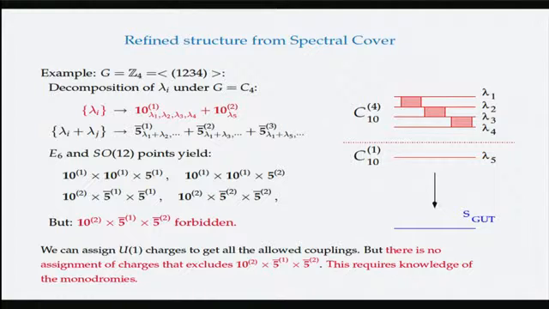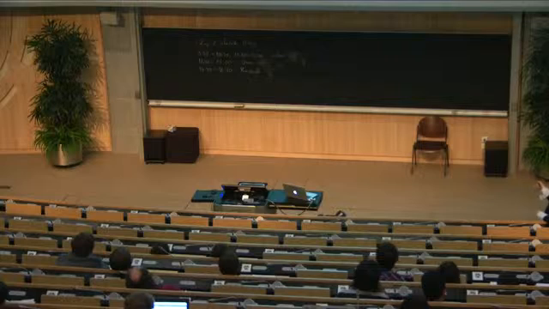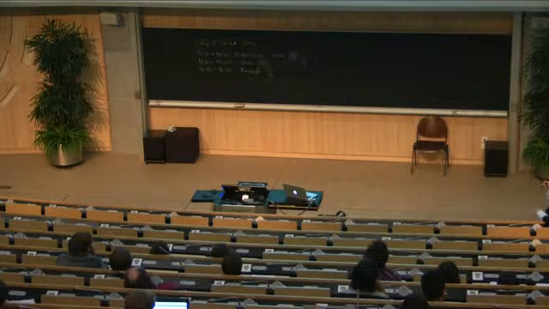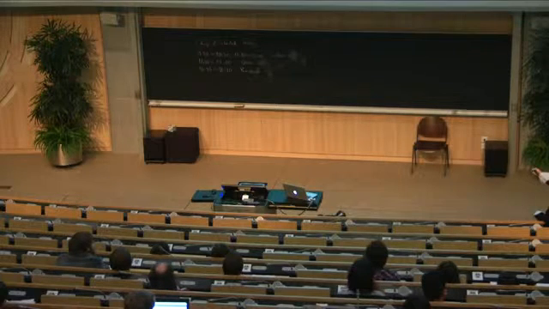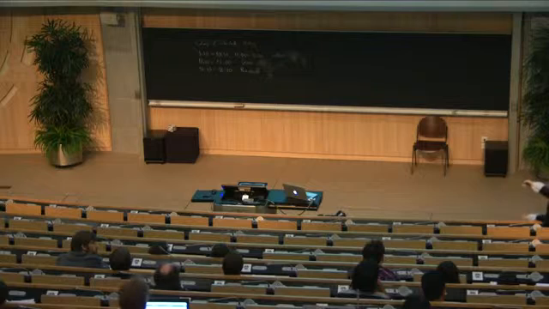But the coupling 10-2, 5 bar 1, 5 bar 2, that is this one here, coupled to this plus this. If you add up all the charges, lambda 1 plus lambda 2, lambda 1 plus lambda 5, plus lambda 3 plus lambda 5, that's non-vanishing, and that coupling is forbidden, right? So just by looking at these more refined coverings of S-GUT, certain couplings are allowed and other couplings are forbidden.